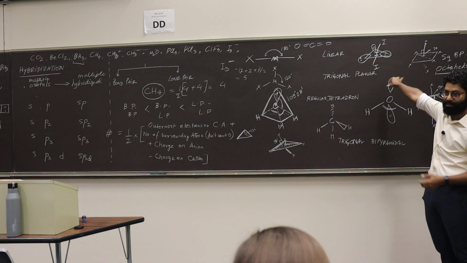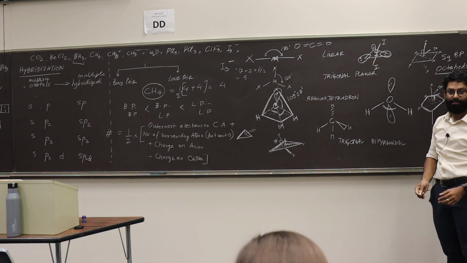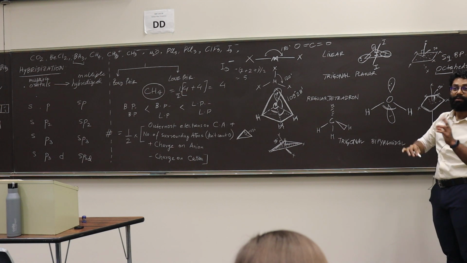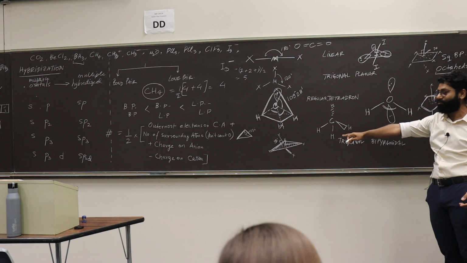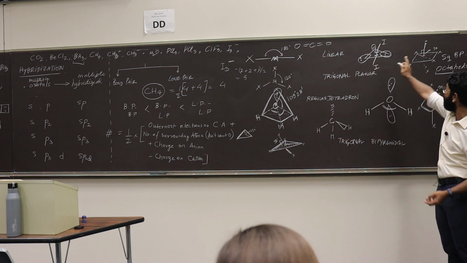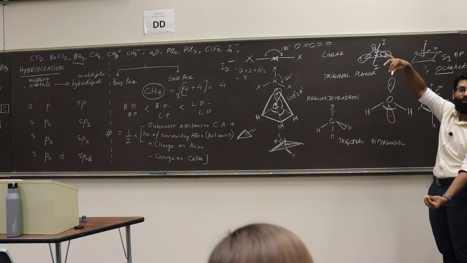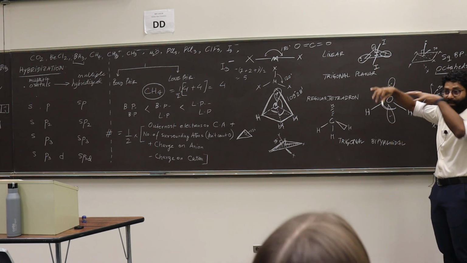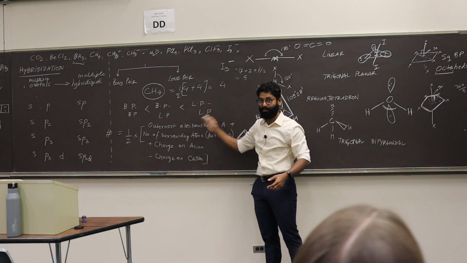And there is a negative charge amongst that. What's the shape that you see? Linear. It's a linear shape. So the predicted was trigonal bipyramidal. The bond pairs went into the longer, more unstable positions, and the lone pairs went to the stable positions because of this.